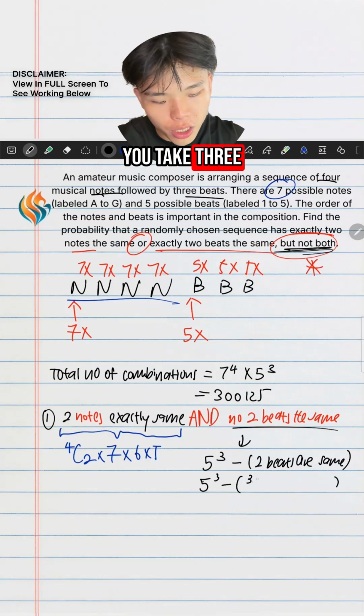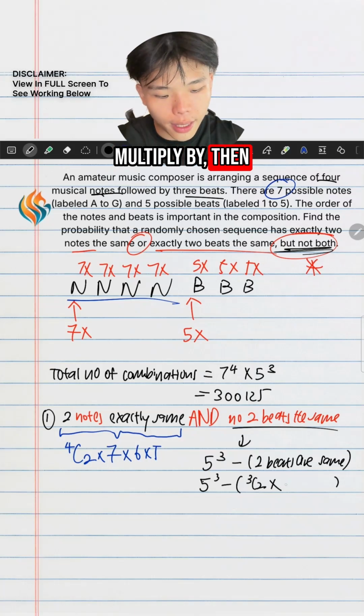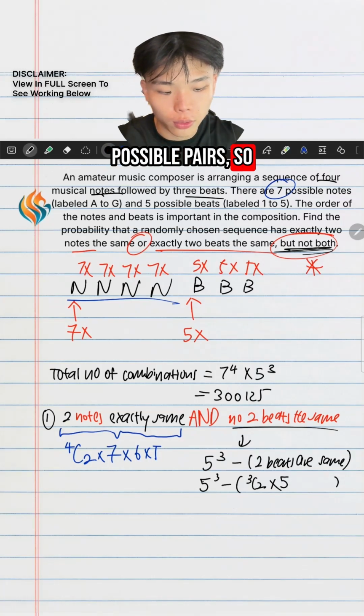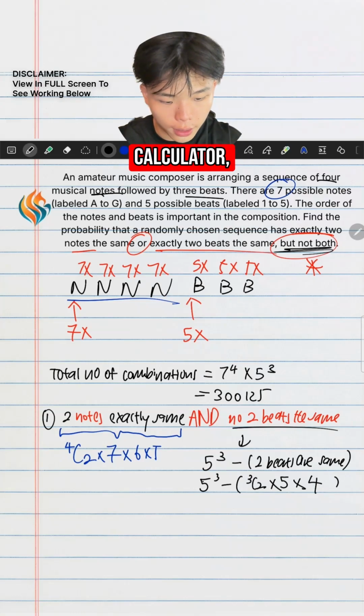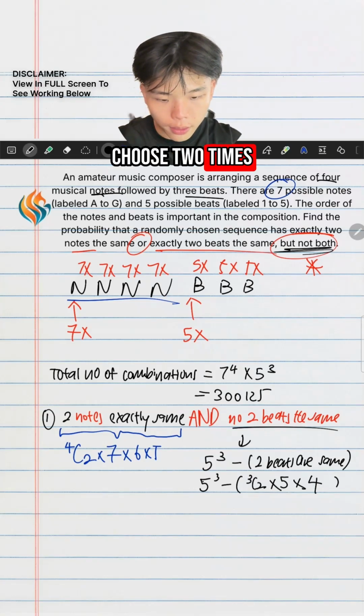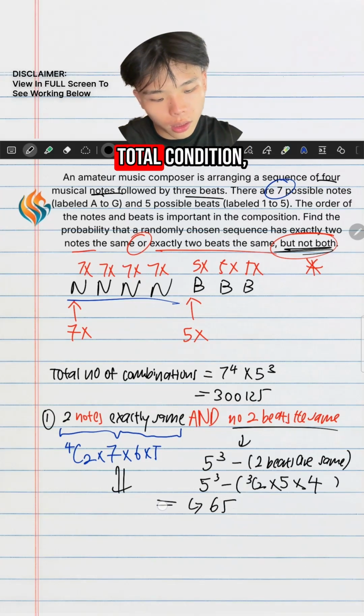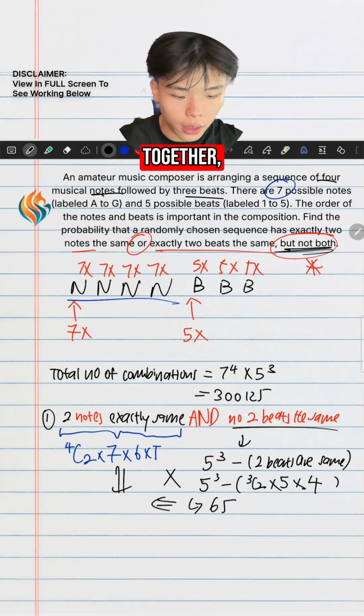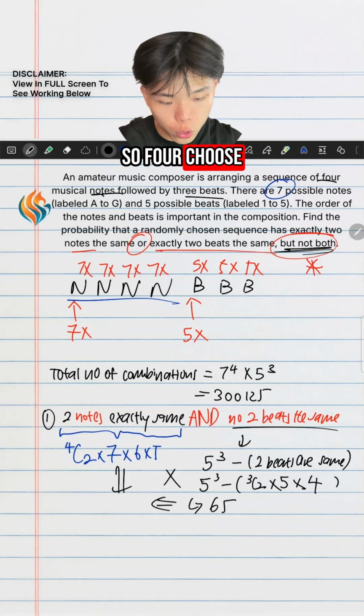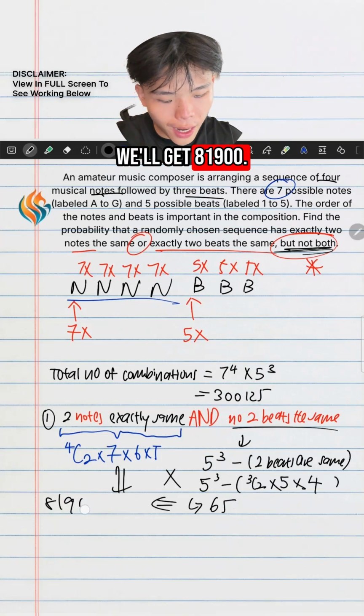That is where you take 3 choose 2, multiply by 5 different possible pairs, so times 5, right? And then the last one would be a value of 4. So when you key this into your calculator, you get 3 choose 2 times 5 times 4, and you get a value of 65 over here. So for the first total condition, you just need to multiply everything together, inclusive of the 65. So 4 choose 2 times 7 times 6 times 5 times 65, and you'll get 81900.